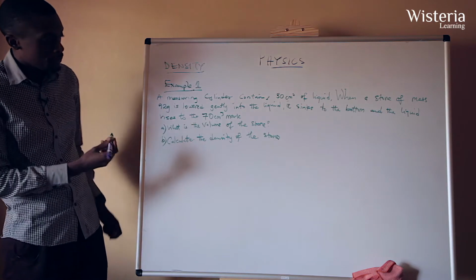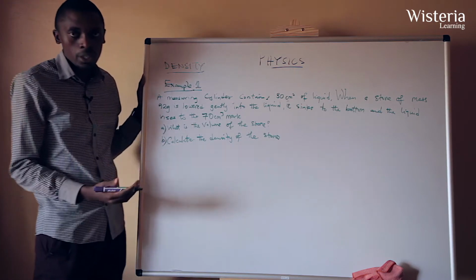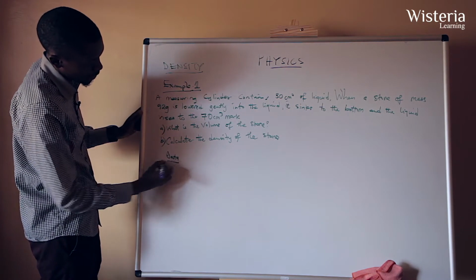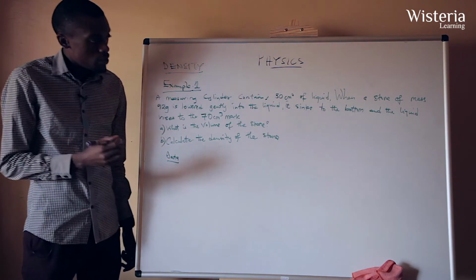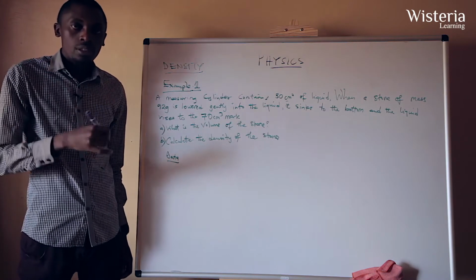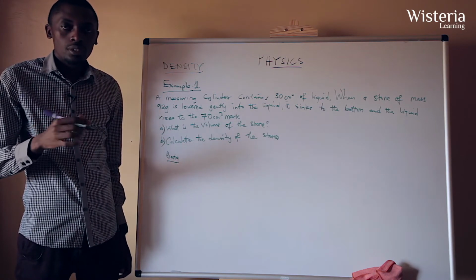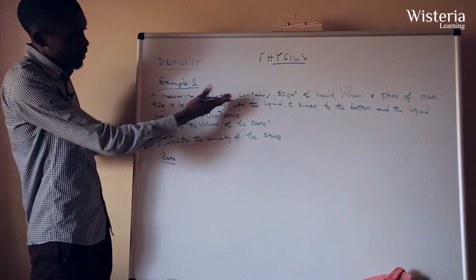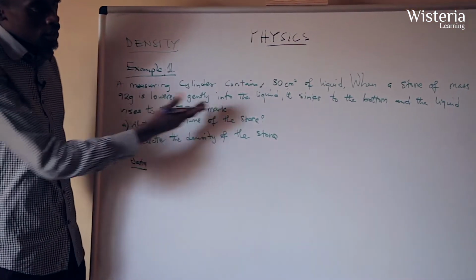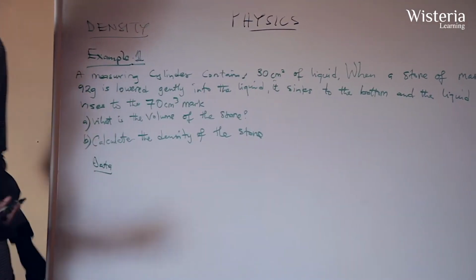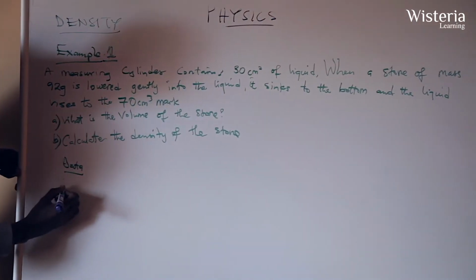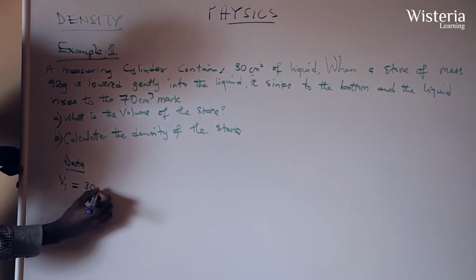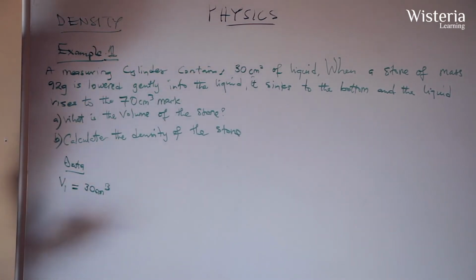So in collecting the information in this question, once we pour water into a measuring cylinder and record the volume, that is recorded as volume 1. So in this case, volume 1 is 30 cubic centimeters. So we're going to say our V1 is equal to 30 cubic centimeters.